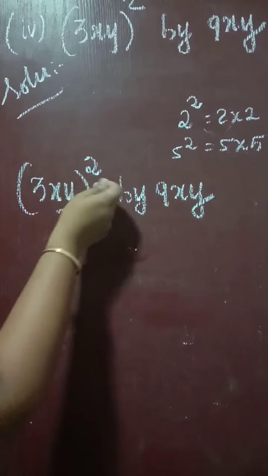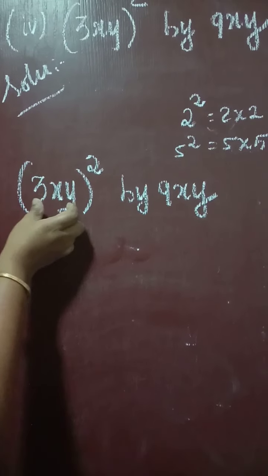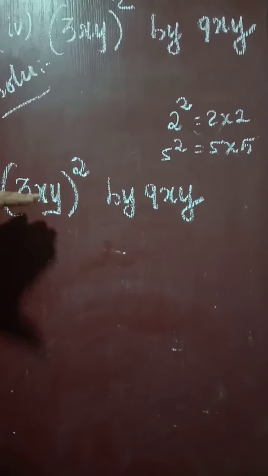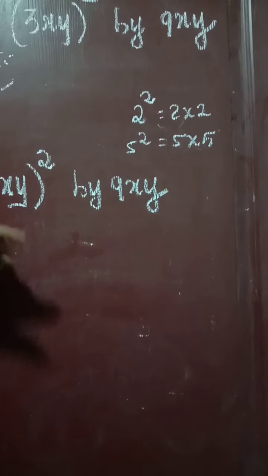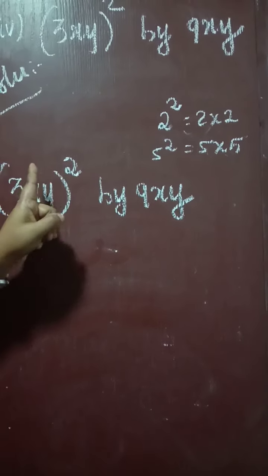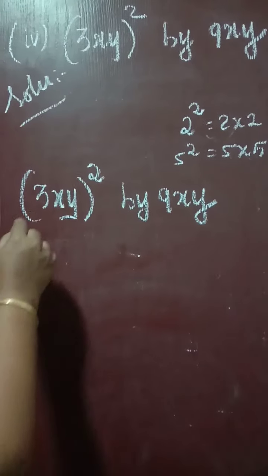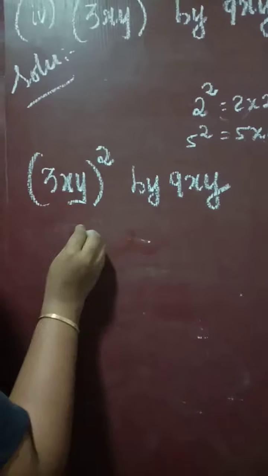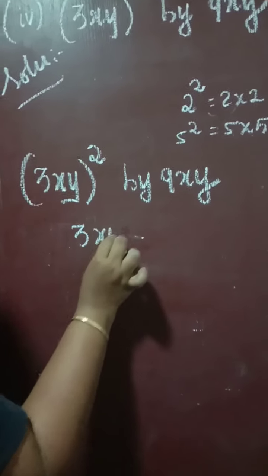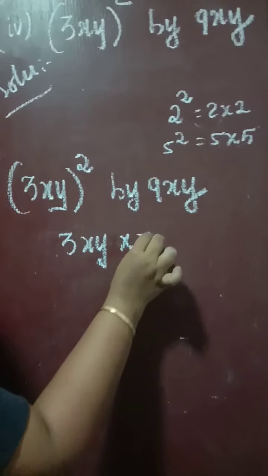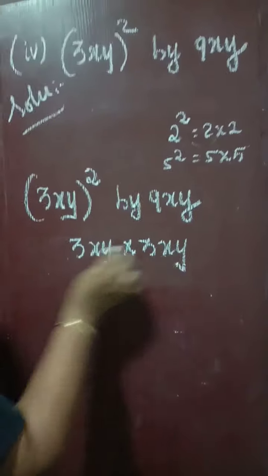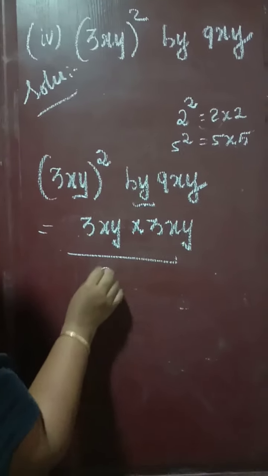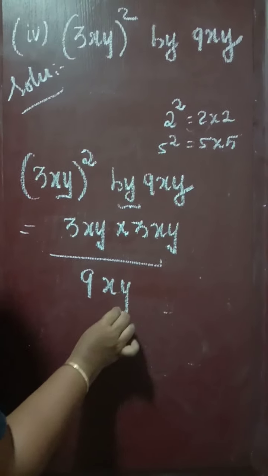What is the meaning of this? 3xy is multiplied 2 times. So whole power means 3xy multiplied 2 times. So 3xy into 3xy, whole divided by 9xy.